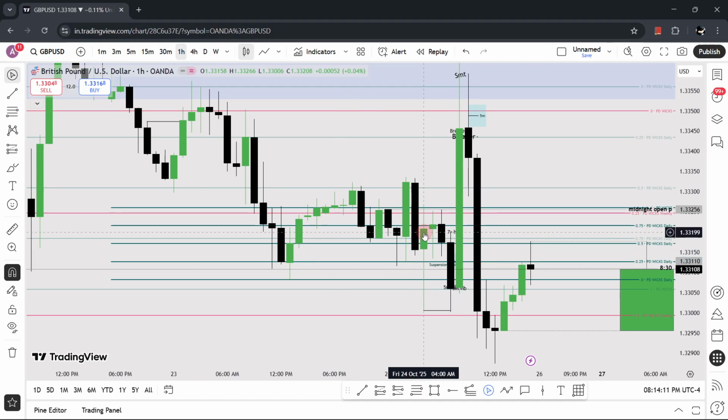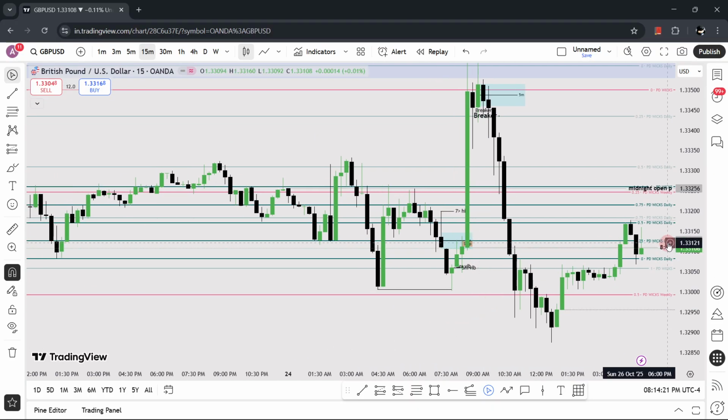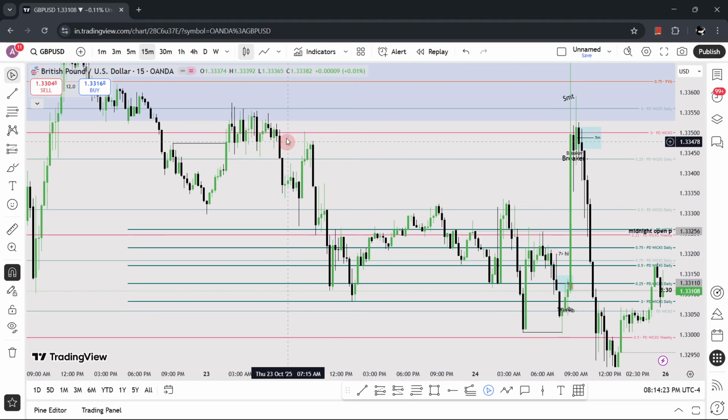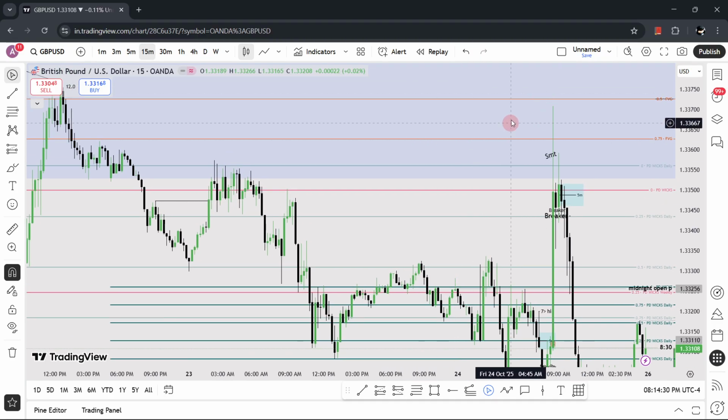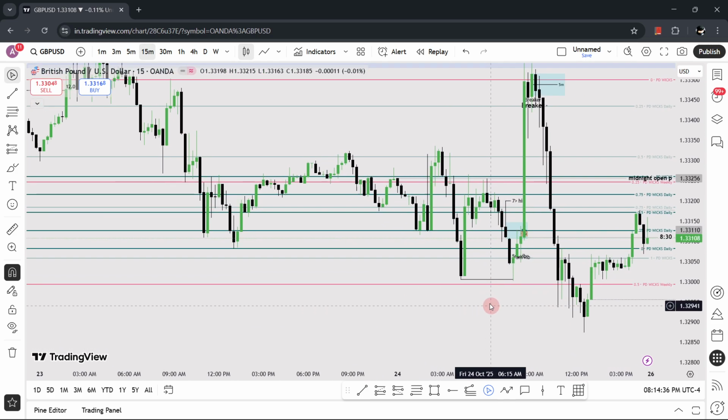New York open somewhere here, and all the way taking the London low on pre-market. Now you can see that this is a pool of liquidity that I'm just not mentioning because I have the levels right here, so I just use that one. We'll go to that in a minute.